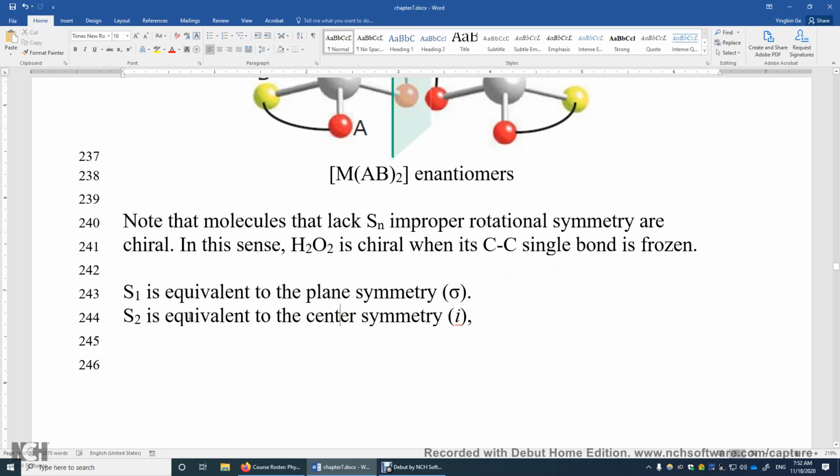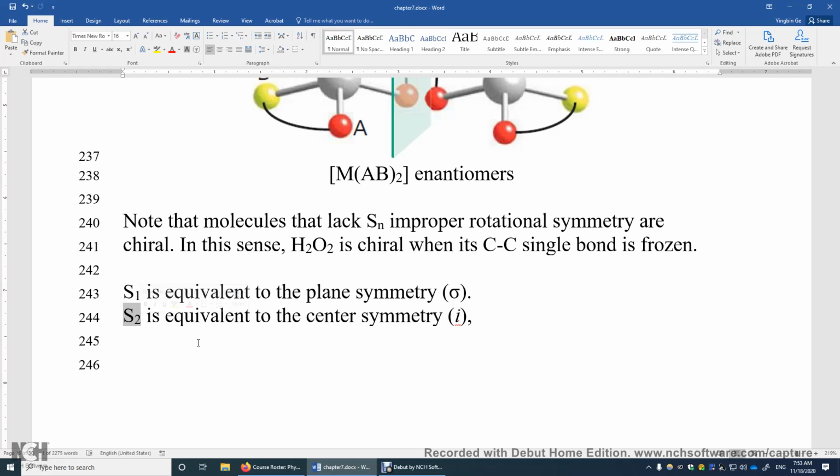S2 is rotating the molecule 180 degrees first, followed by a reflection with respect to a symmetry plane perpendicular to the C2 axis. So S2 is equivalent to the center of symmetry i. Why? Because when you do a C2 rotation about the z-axis, you actually change the xy coordinates to negative x and negative y.